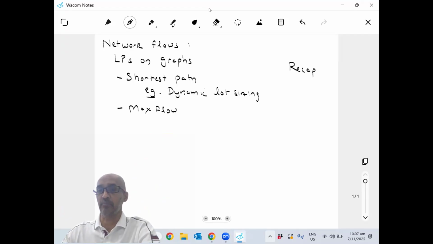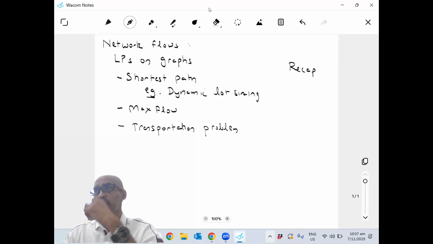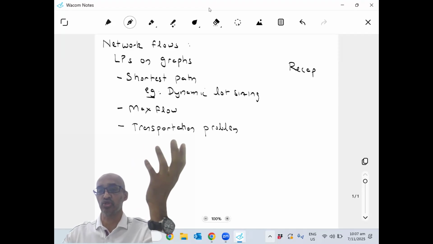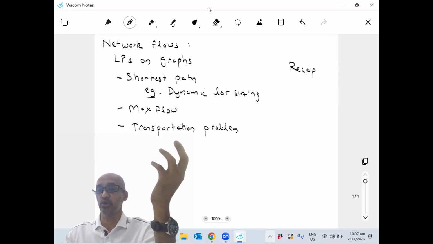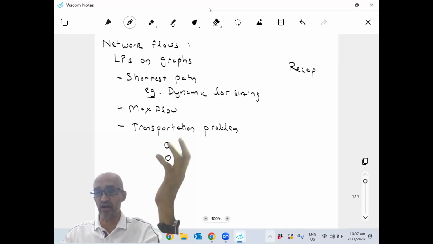And a third example, which I did not mention, but we have seen before, I showed this to you right at the start of the course, are these problems called transportation problems, and we discussed optimal transport problems, which even comes up in machine learning. But basically, what are transportation problems? Let's say you've got links and you've got a graph.